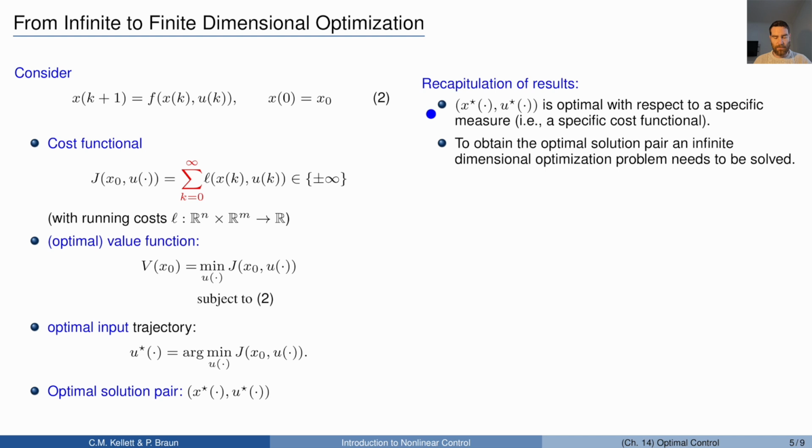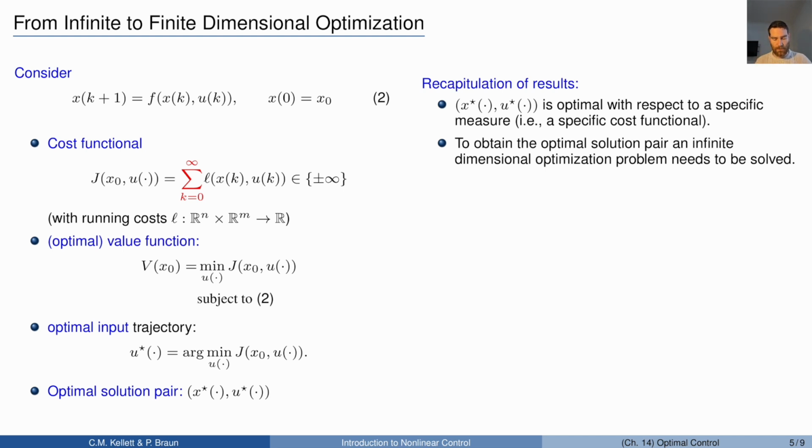What we need to keep in mind is that the optimal solution pair, meaning the solution x star and the optimal open loop input u star, is only optimal with respect to a specific measure, namely with respect to the particular cost function. In the case of the linear example, with respect to the selection of Q and R. So the selection of Q and R needs to be well justified.